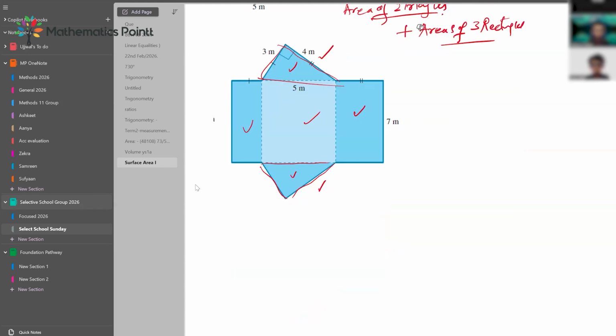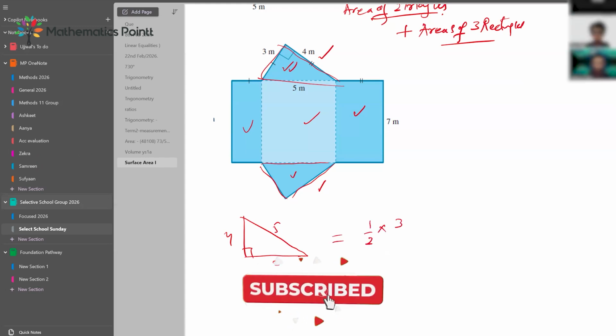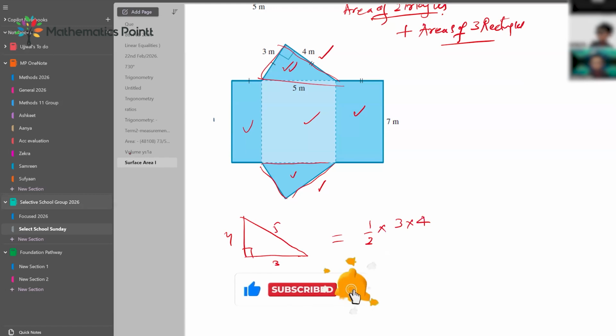Okay, let's try to find out the surface area of this triangular prism. So let me pick up this triangle first. I'm picking up this triangle. 4, 5, and 3. So the area of the triangle is half base times height, which is 6 meter square.